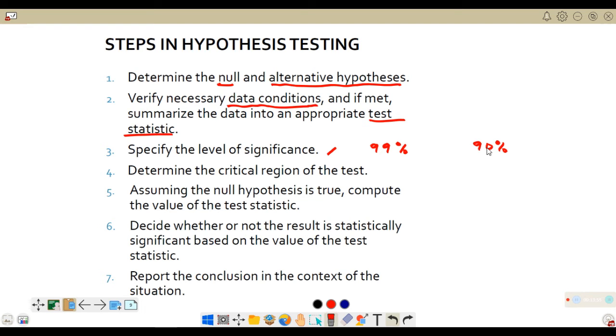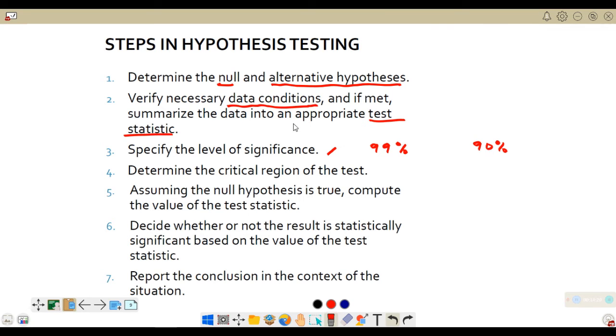But it will give you, in choosing a sample, it will allow you to select a smaller sample and it will give you a higher probability of rejecting the null hypothesis. Okay?